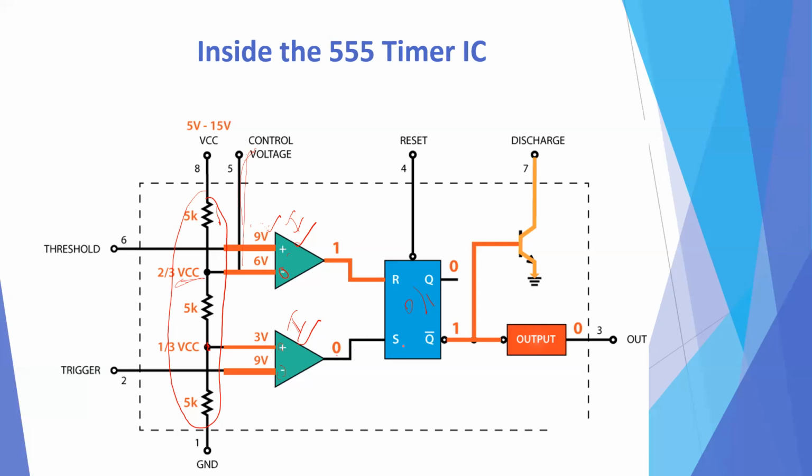If the input value is 1, 0, it will produce an output of 0, 1, that is Q bar. If it is 0, 1, it will produce 1, 0. That is connected with the output terminal. This Q bar output of the flip-flop is connected to the output stage, which drives the load or any other devices.